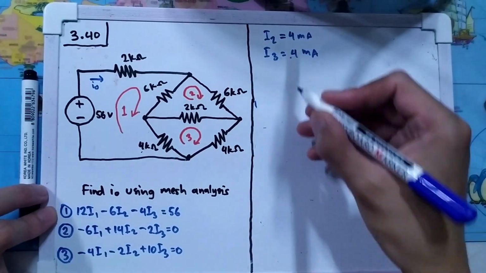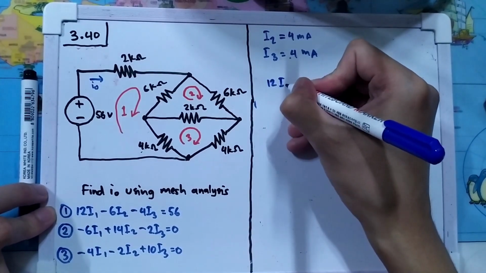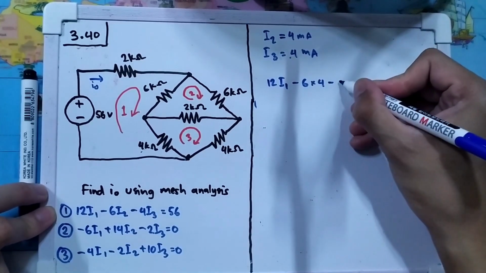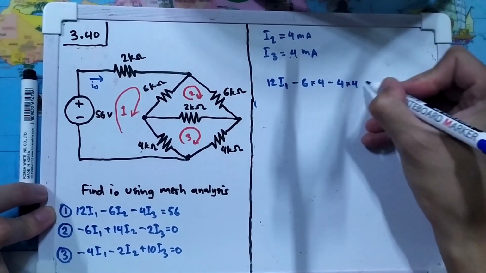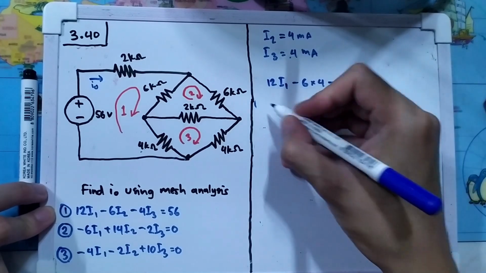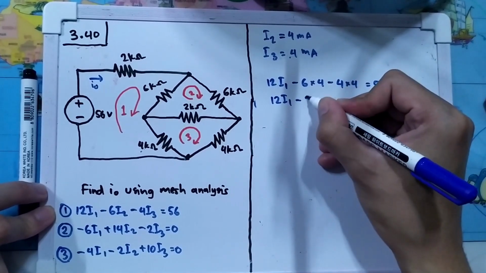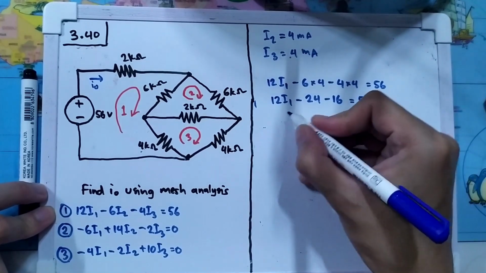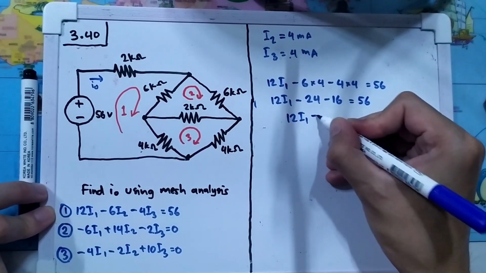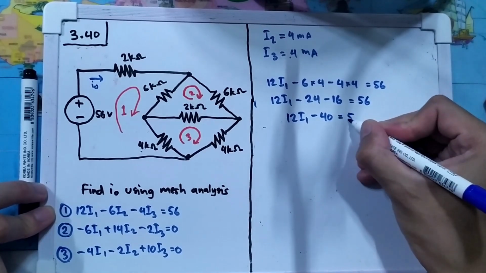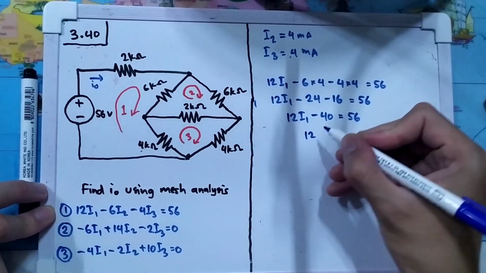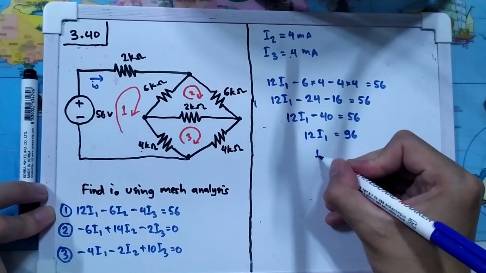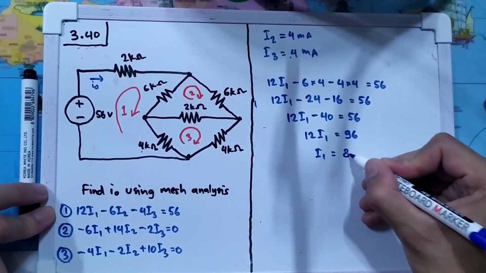So I will have this one, 12 I1 minus 6 I2 is 4, and minus 4 I3 is 4, and that will equal to 56, and I will have 12 I1 minus 24 minus 16 is equal to 56, and 12 I1 minus 40, it's equal to 56, and 12 I1 is equal to 96, and I1 is equal to 8 milliampere.